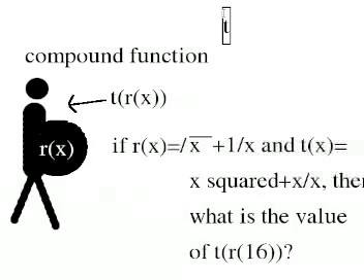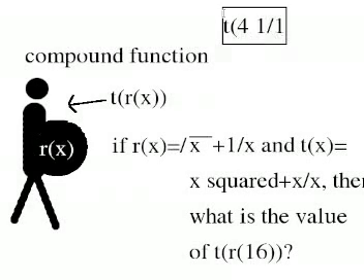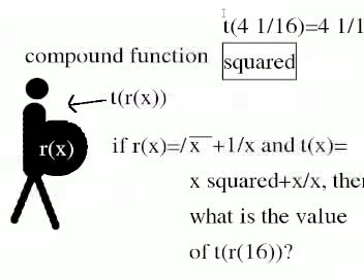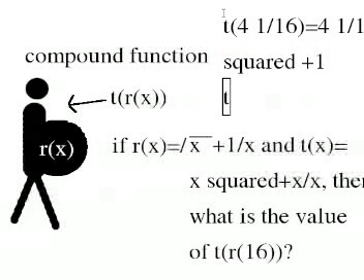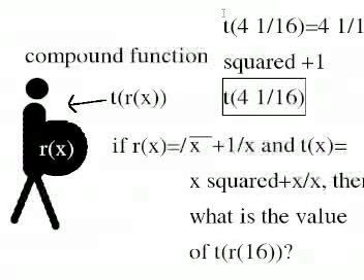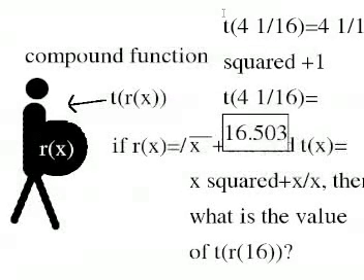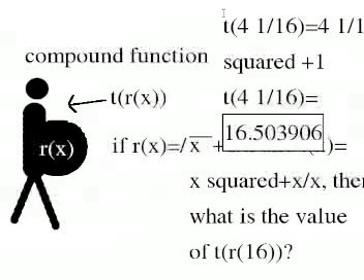So T(4 and 1/16) equals 4 and 1/16 squared plus, just so you know, x to any value equals 1, which makes T(4 and 1/16) equals 16.5039063 and more.